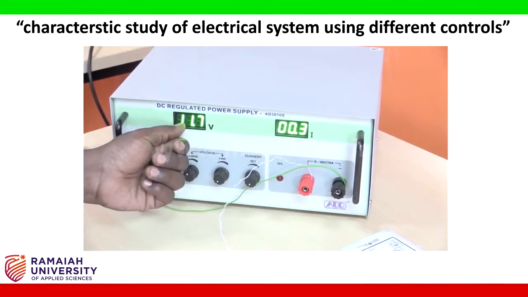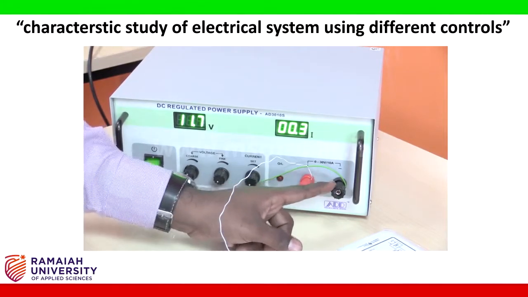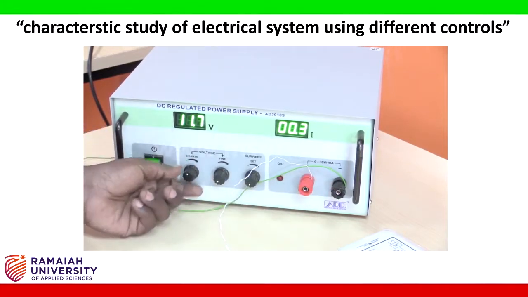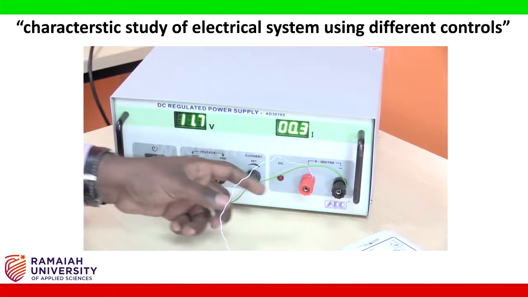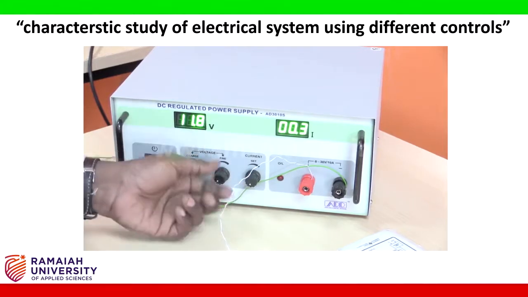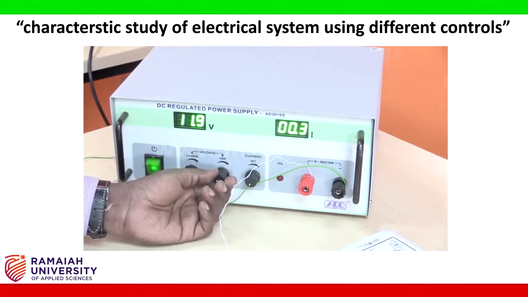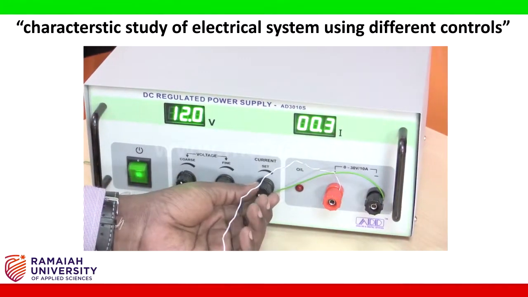This is a voltage indicator where you can see what voltage you are getting out of these two terminals. Once, by using the coarse knob, you set your voltage very close to your required voltage, by using the fine knob you can vary the output voltage. Now the current knob is between the minimum and the maximum.